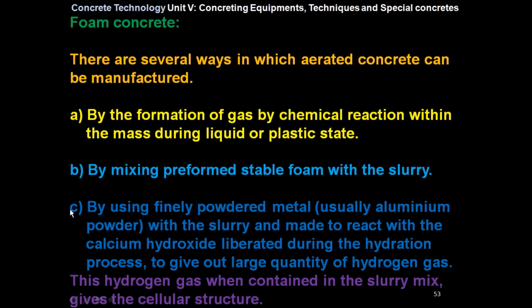And third, by using finely powdered metal, usually aluminum powder, with the slurry and made to react with the calcium hydroxide liberated during the hydration process to give out large quantity of hydrogen gas. This hydrogen gas, when contained in the slurry mix, gives the cellular structure.